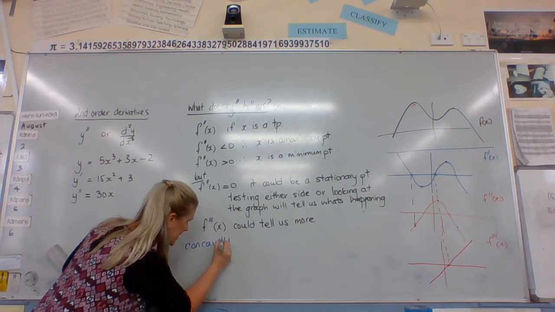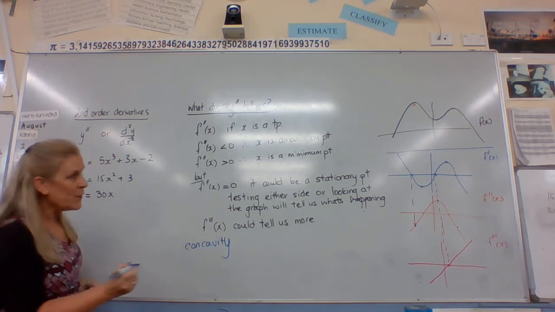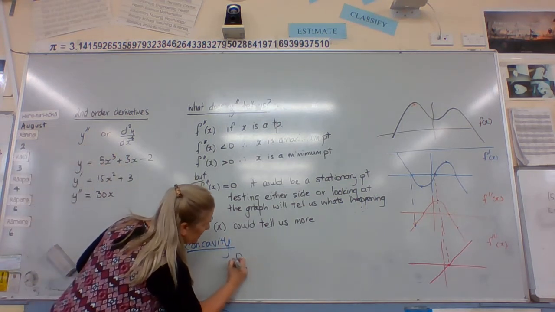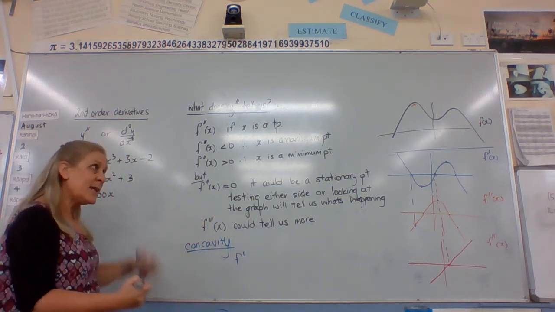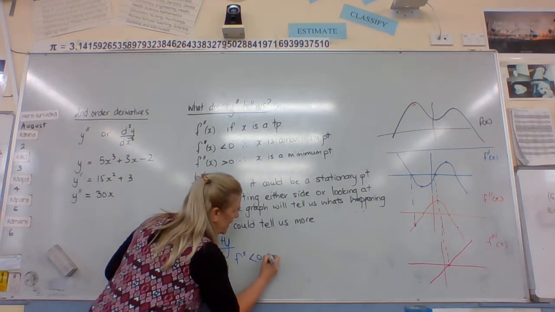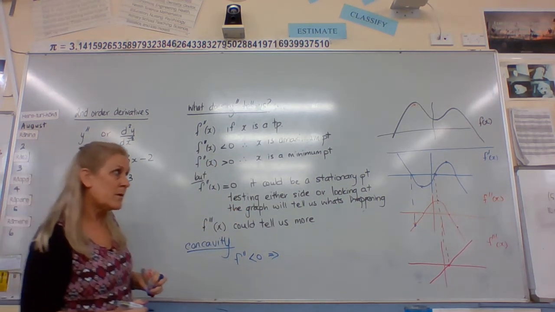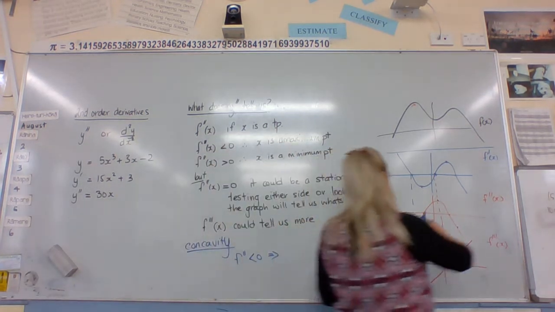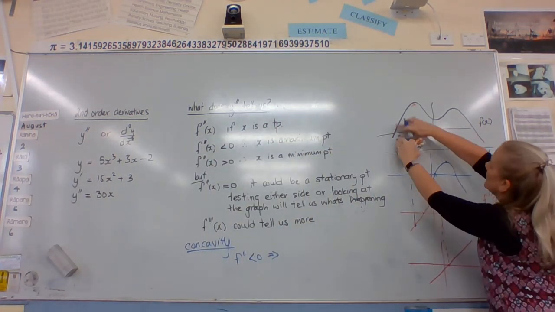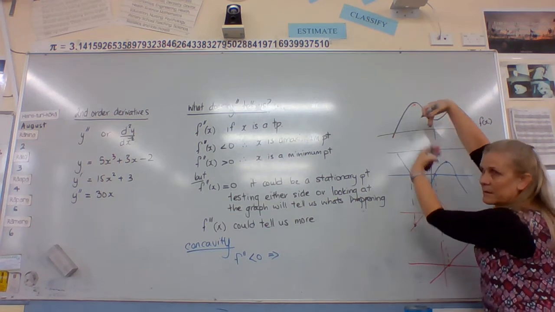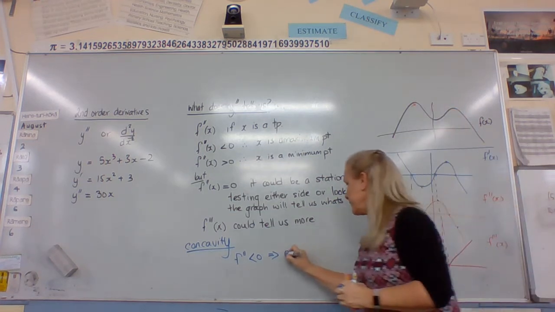So if the concavity, f double dash, is less than 0, we have concave down.